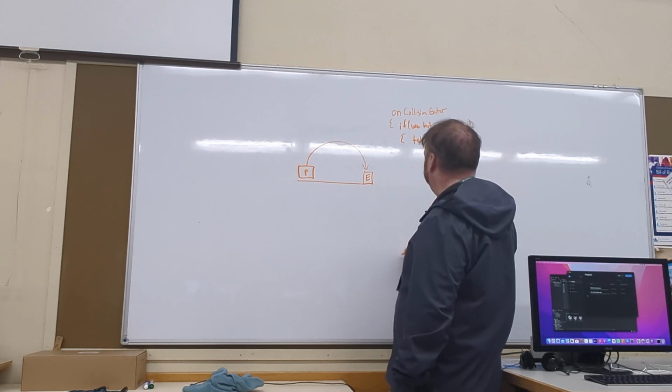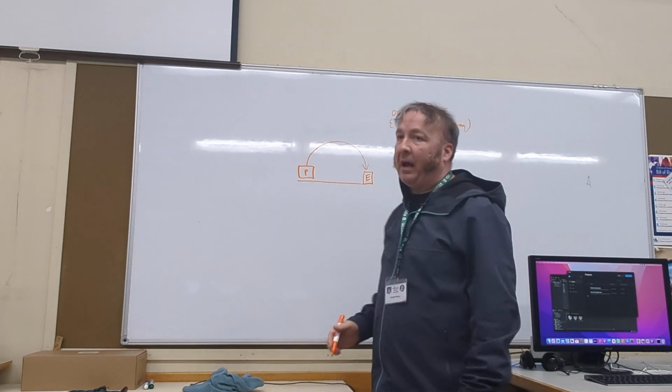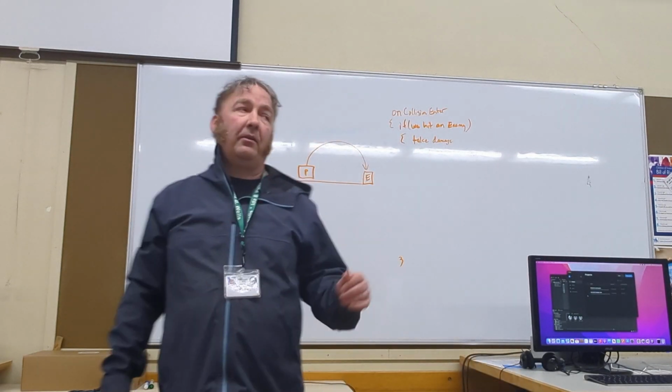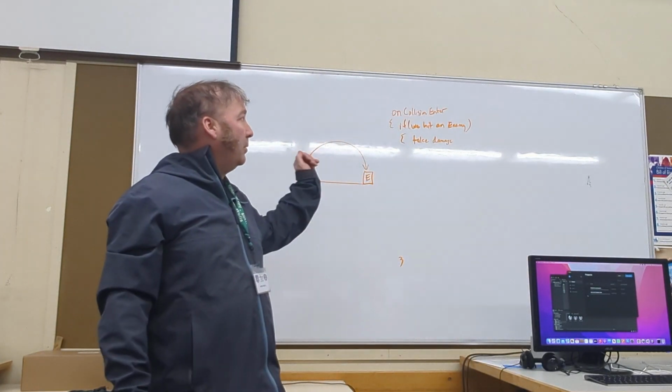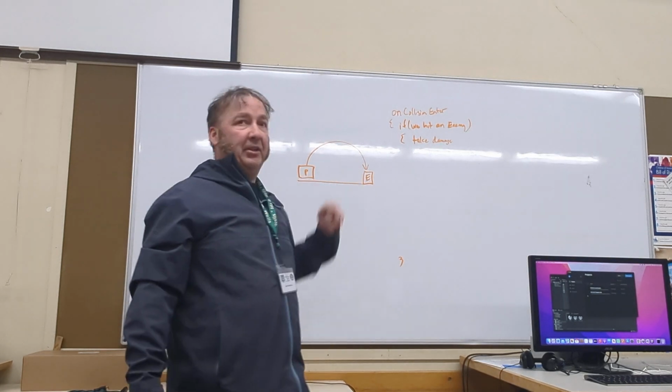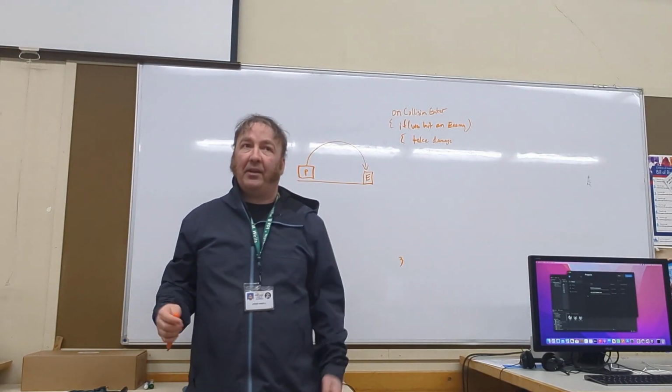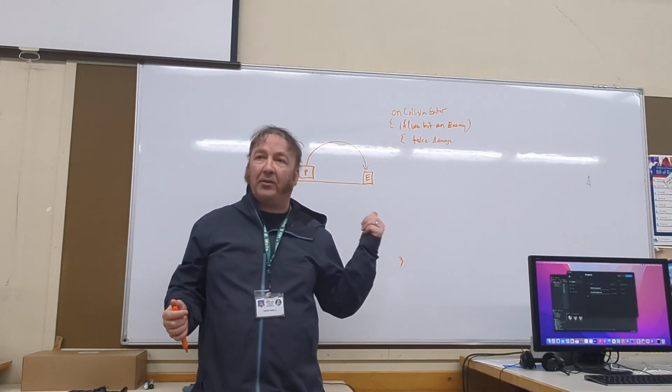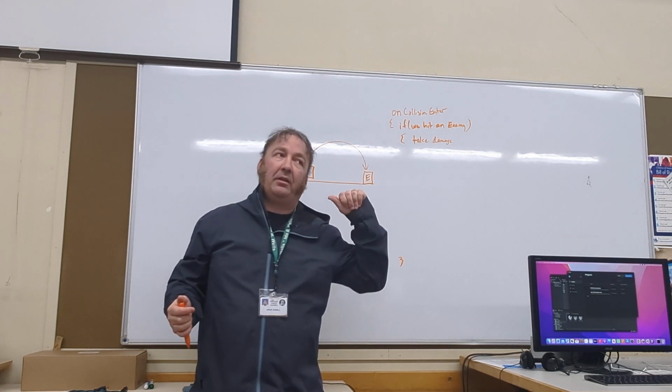And so what we need to figure out is how to not take damage in this situation. Does that make sense? So how do we modify this code to not take damage in this situation?